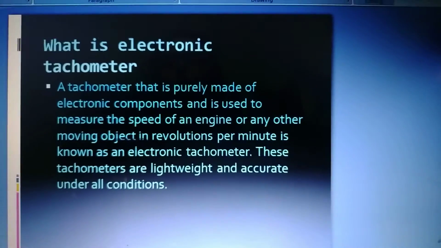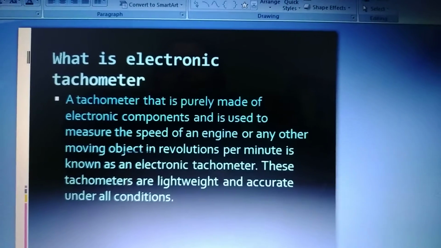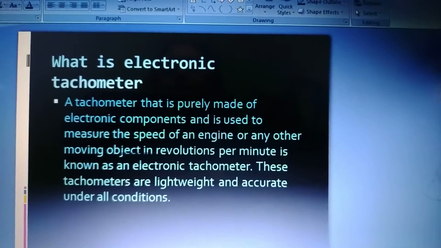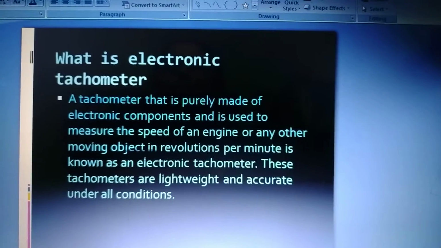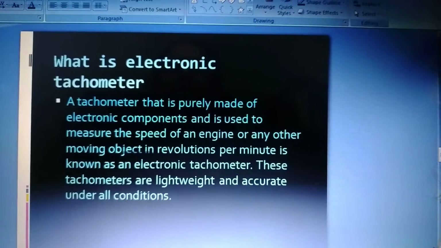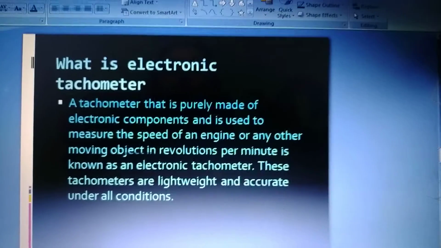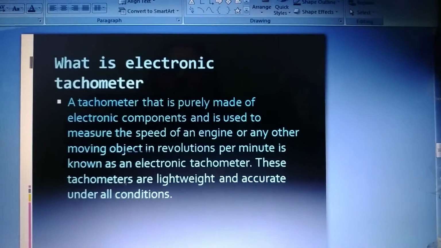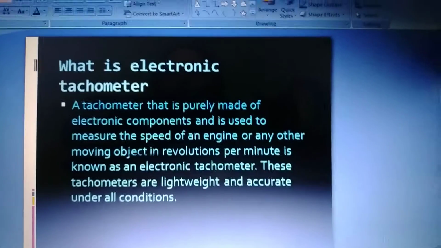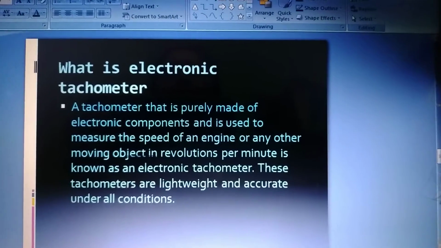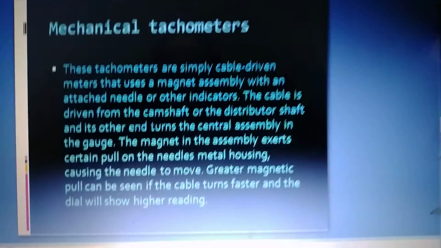What are electronic tachometers? They are purely made of electronic components and are used to measure the speed of an engine or any other moving object in RPM. These tachometers are lightweight and accurate under all conditions. Electronic tachometers are always advantageous over mechanical tachometers. Examples are drag cup tachometers and AC or DC tachometers.